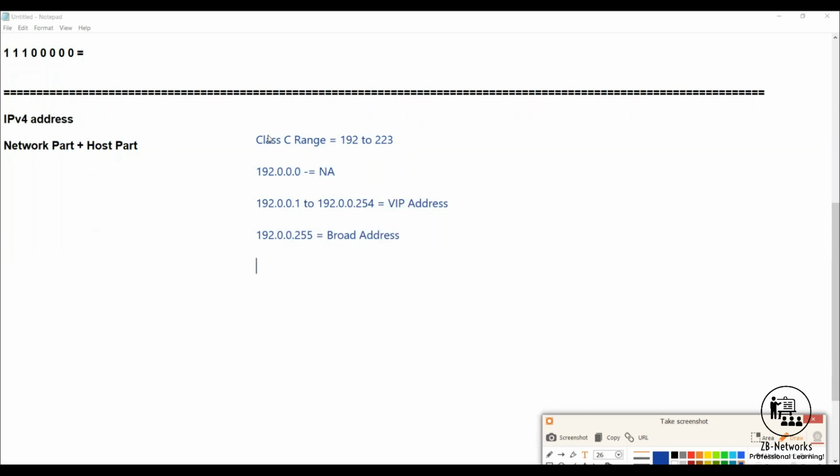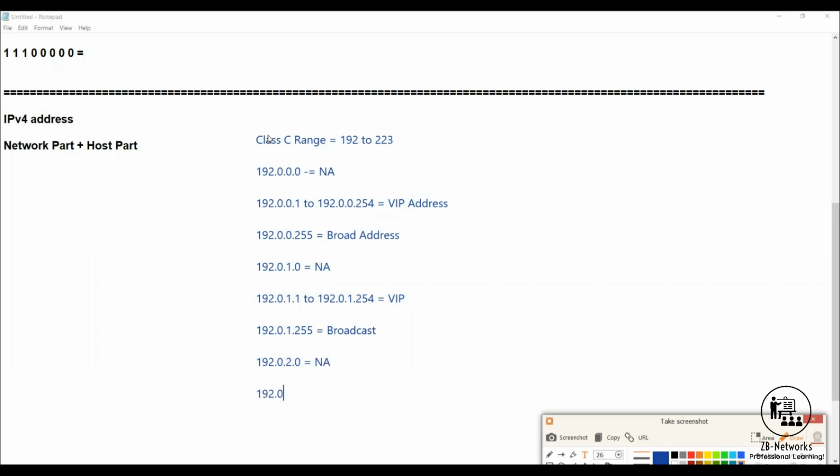After the broadcast address, what you get is the next new network address, which is 192.0.1.0. This is again a network address. Same logic applies: 192.0.1.1 all the way to 192.0.1.254, that's your valid IP, and 192.0.1.255 is your broadcast. After that you have the next network, 192.0.2.0.